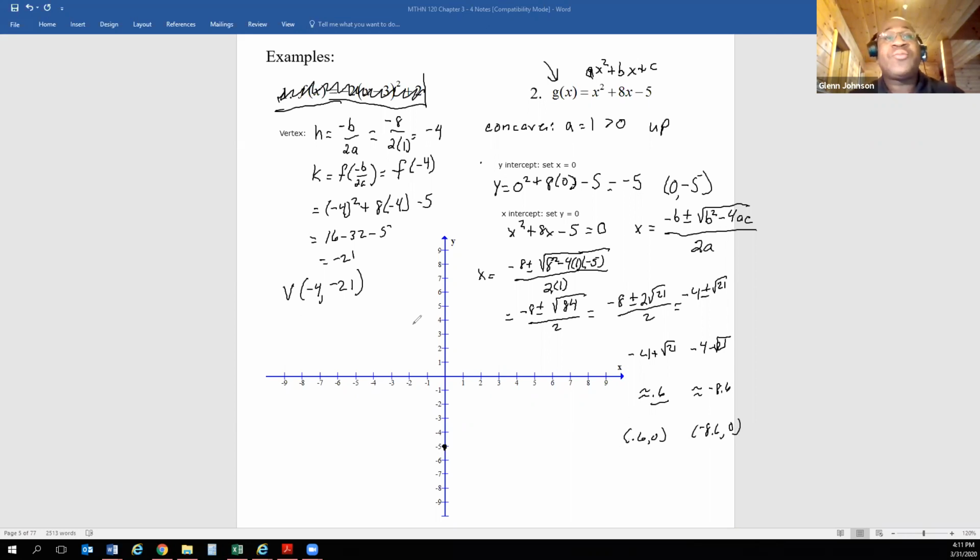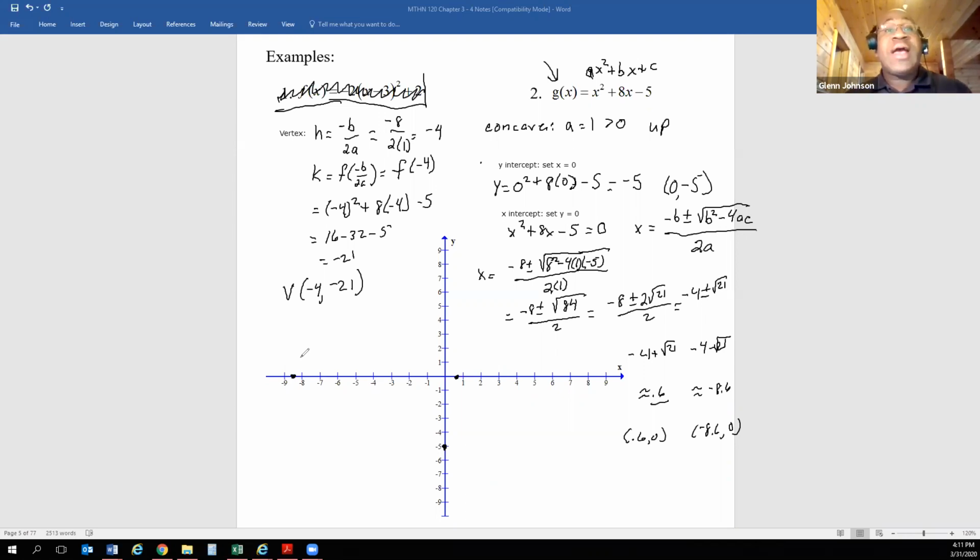So if we plot their approximate locations, 0.60 will be a little bit between 0 and 1 on the x-axis, a little closer to 1, and then negative 8.6, I should say, 0, will be between negative 8 and negative 9.